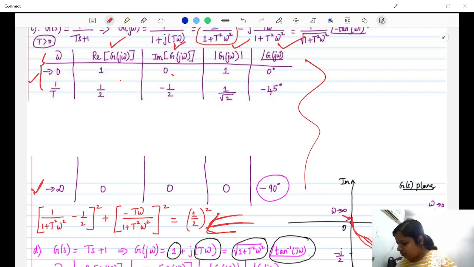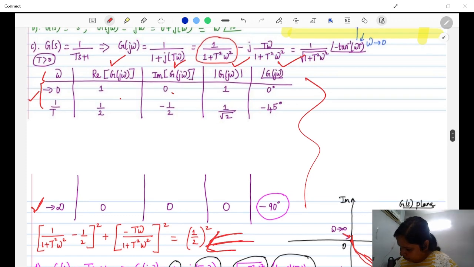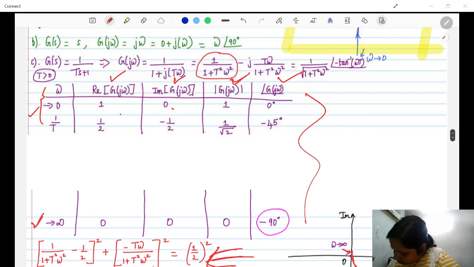Now, after finding out this is a circle, I'll explain it. This part, 1 upon 1 plus t square omega square, is the real part here. This part is the imaginary part.